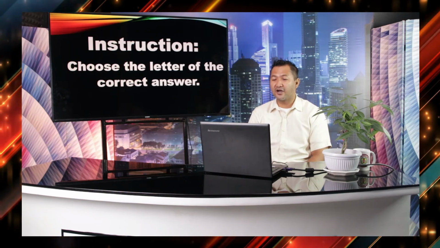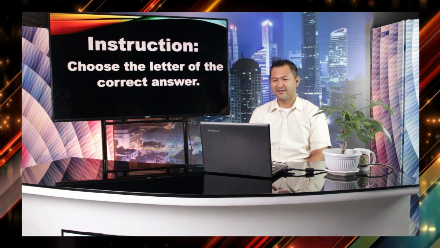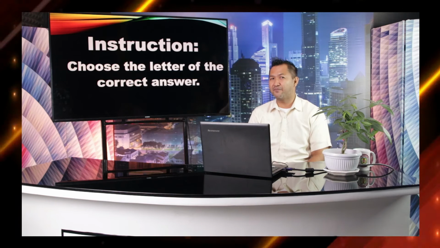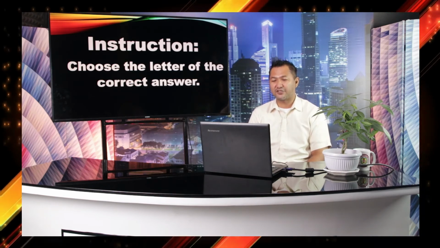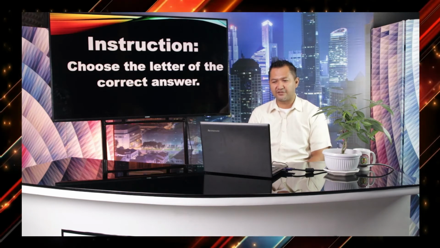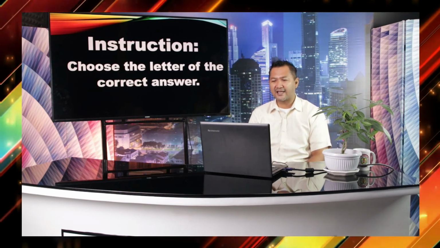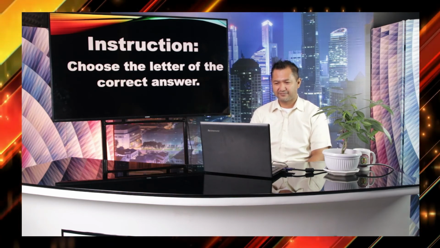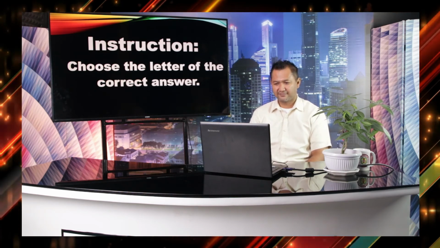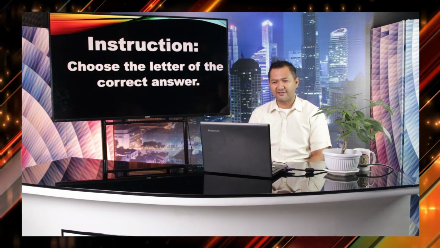Choose the letter of the correct answer. Write your answer on a piece of paper. You will be given 10 seconds to answer each question, and after 10 seconds, I will reveal the correct answer. Are you ready? Let's start.